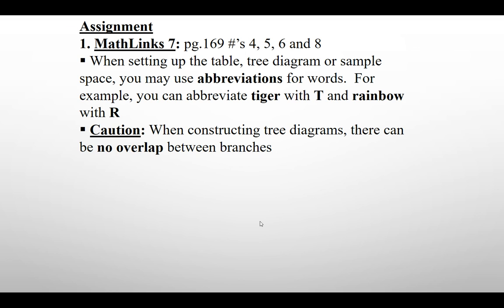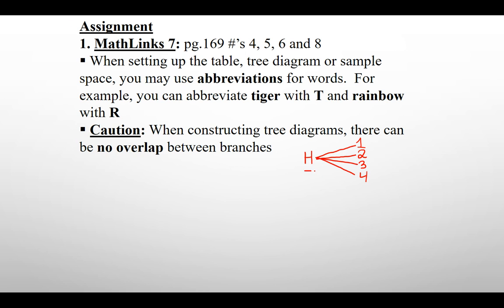The other thing is that when you are constructing a tree diagram, you cannot have the branches actually overlap. What I would not want to see is, for example, if you had heads and then 1, 2, 3, 4, and you drew some lines that went out like this.